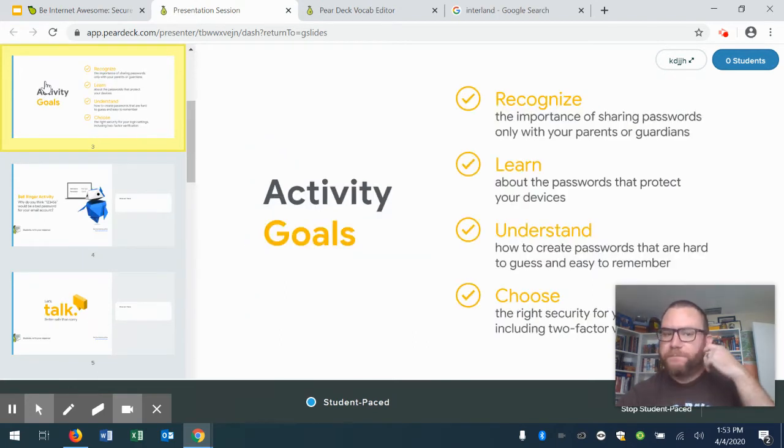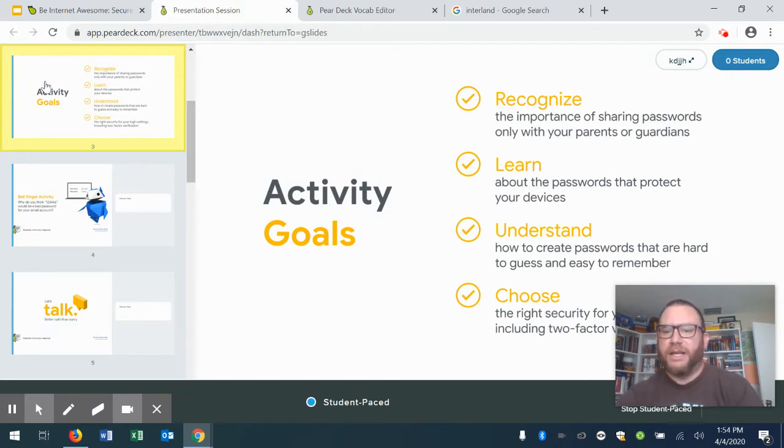So some goals. We want to recognize the importance of sharing passwords only with parents or guardians. And unfortunately, this can even be an issue for our parents sometimes, is that we put passwords out there, and even our parents, even us as adults, share things that we shouldn't share.